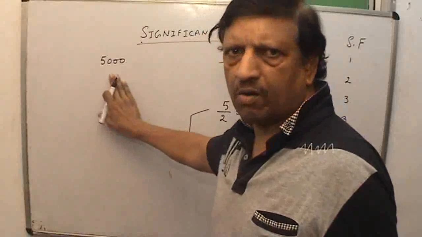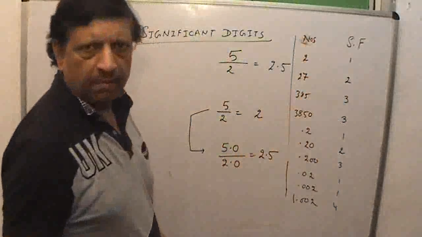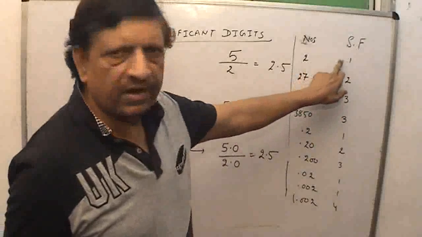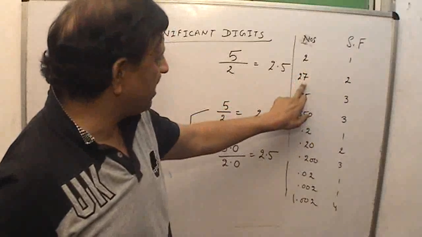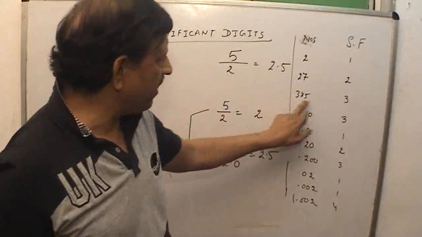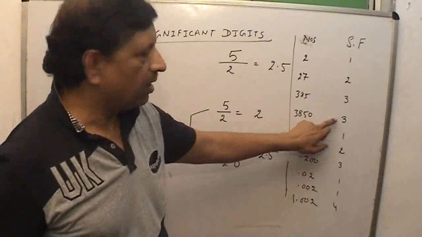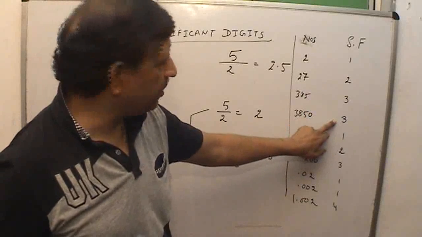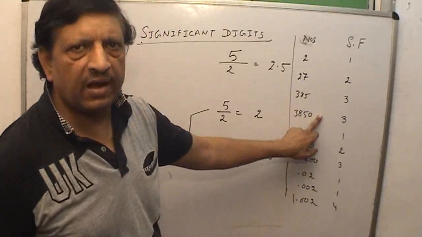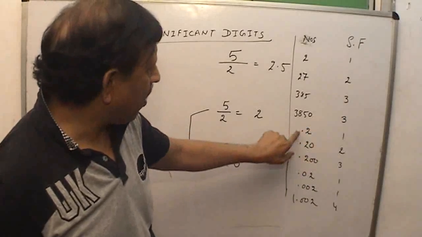How will it count? Then again I repeat, here are the given numbers. Number 2, significant figure 1; number 27, significant figures 2; number 385, significant figures 3; 3850, again significant figures 3. It means the trailing zeros are not counted by the computer system.